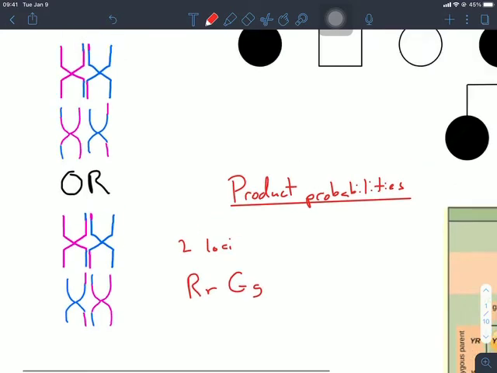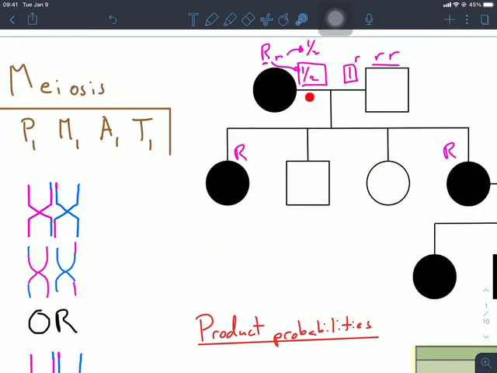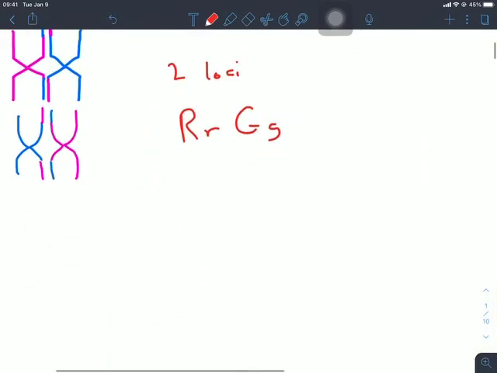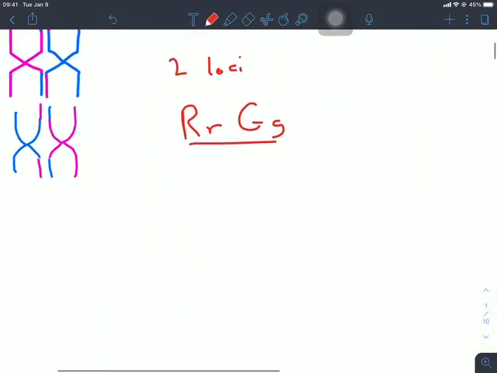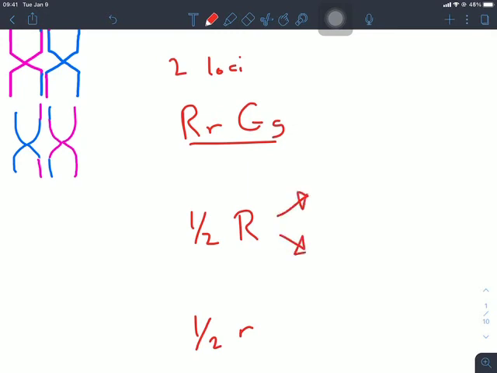Now, just like we did our probabilities up here, where you had a 1/2 chance of selecting each, we know that with this given genotype, you've got a 1/2 chance of being a capital R and a 1/2 chance of being a lowercase r. Now, from there, our 2 possible options are pairing this uppercase R with a 1/2 chance for an uppercase G and a 1/2 chance for a lowercase g.